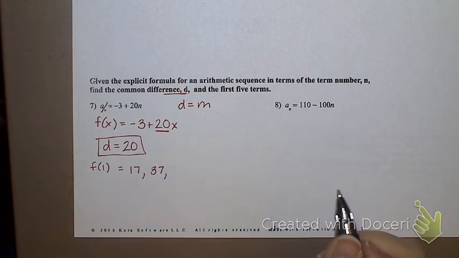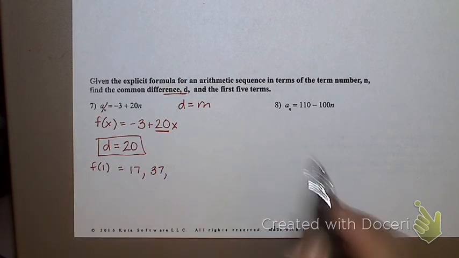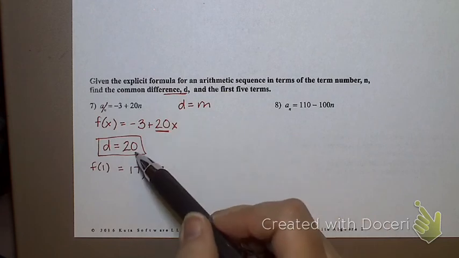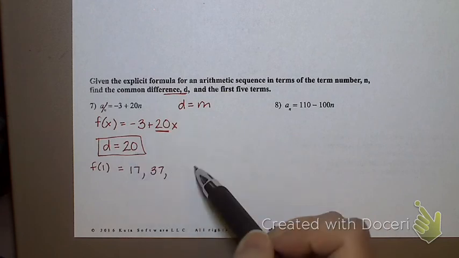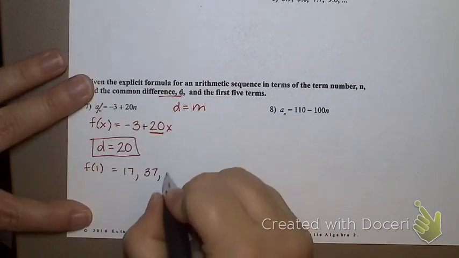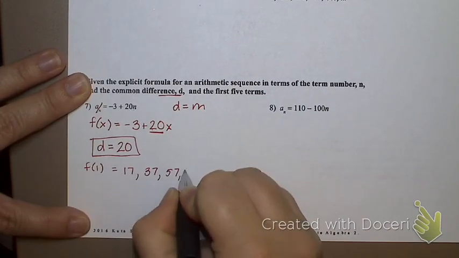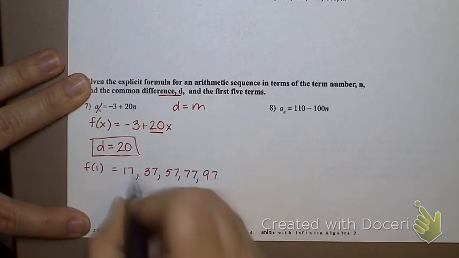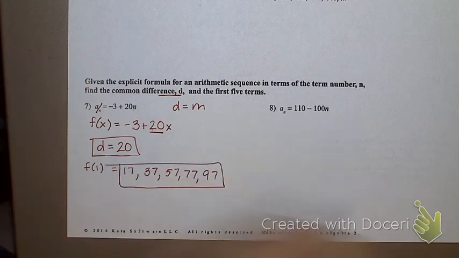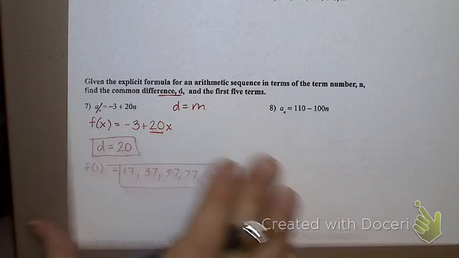And I could keep plugging in, or since I know that my D value is 20, couldn't I just continue adding 20? So 57, 77, 97, and there's the first 5 terms of my sequence. Does that make sense?